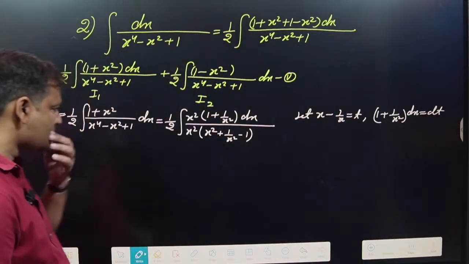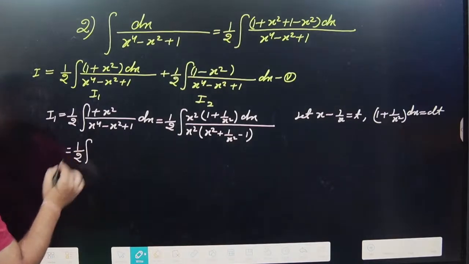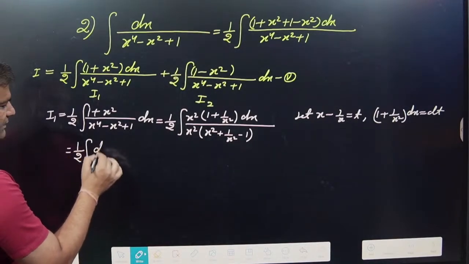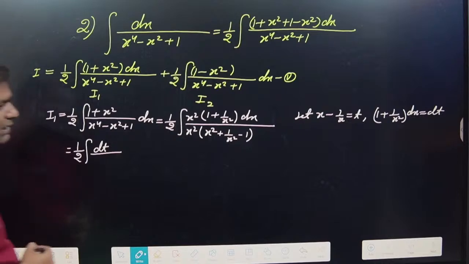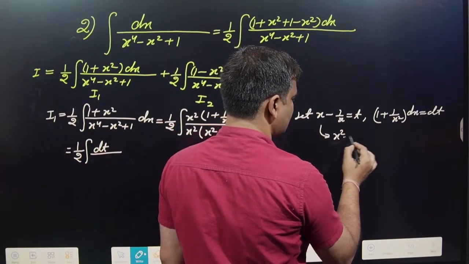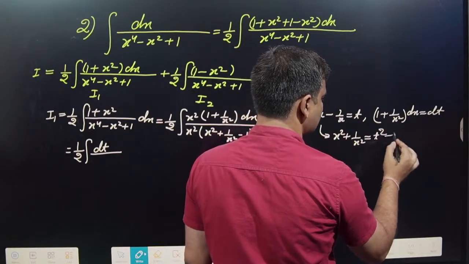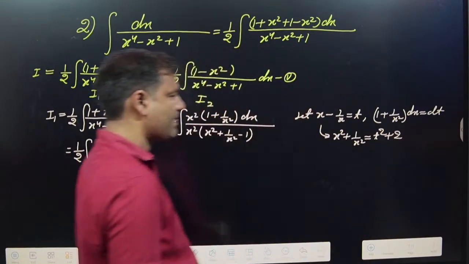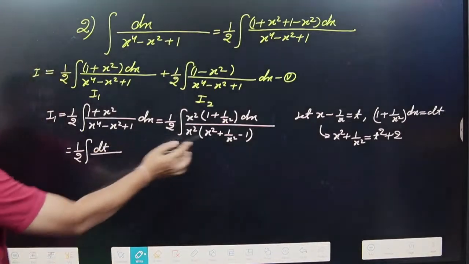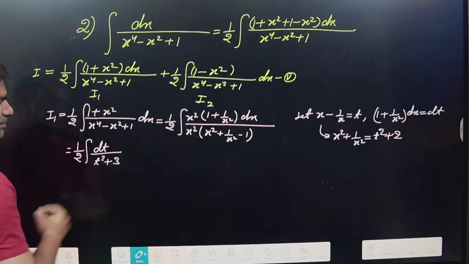Okay, so the value is written as 1 by 2 integration of dt divided by, squaring both sides, we get x square plus 1 upon x square is written as t square plus 2. So that one is written t square plus 3.